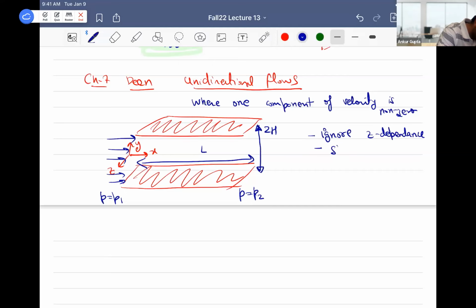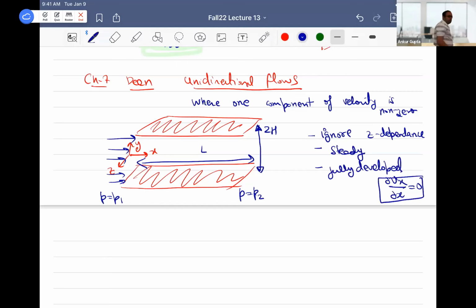We will assume the system is steady and fully developed. We will discuss a lot more about this in part 3, but for the purposes of this part of the course, just remember that gradients in the x direction are assumed to be 0 for velocity.